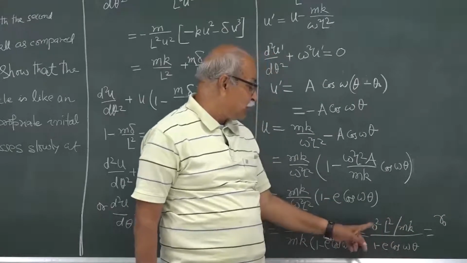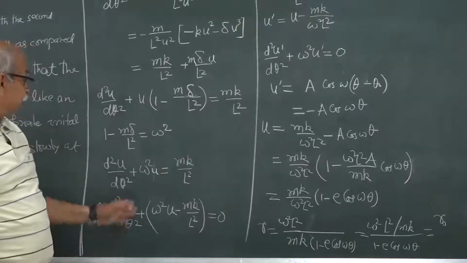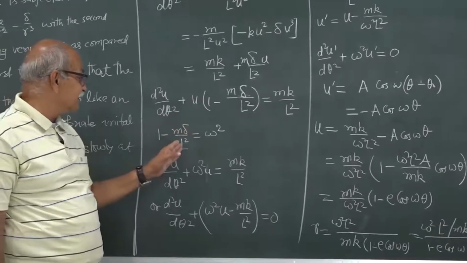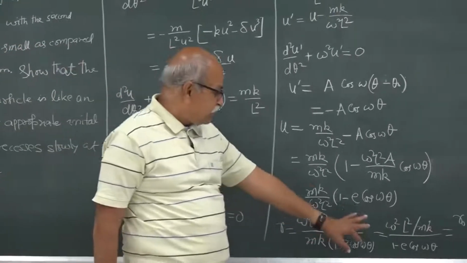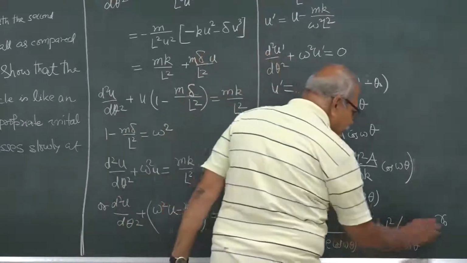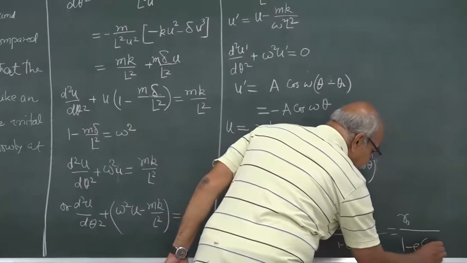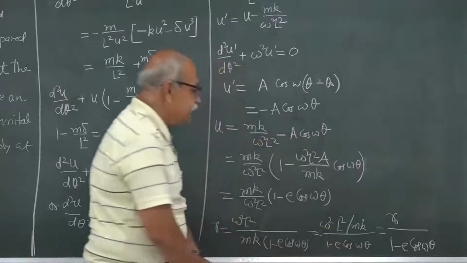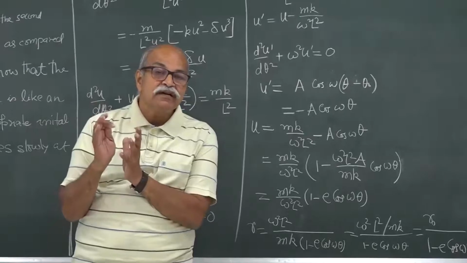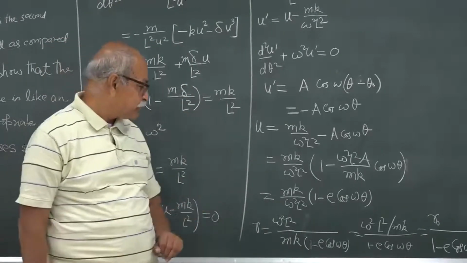This omega is the constant that we had defined, and it involves the mass and L square. So this omega square is constant, L square is constant, m is constant, k is constant, and this whole quantity is r naught divided by 1 minus e cos omega theta. This is the equation of the path under this slightly perturbed inverse square attractive force.